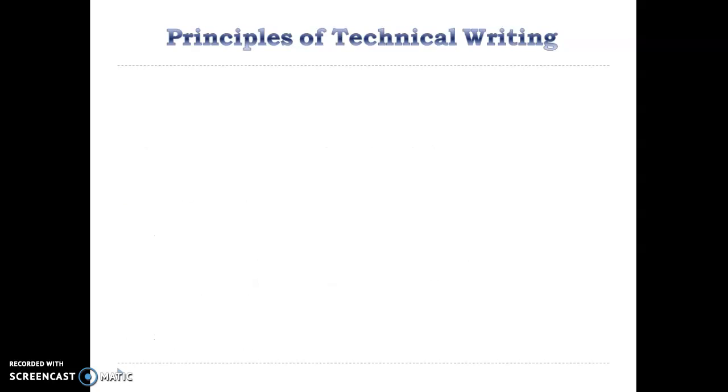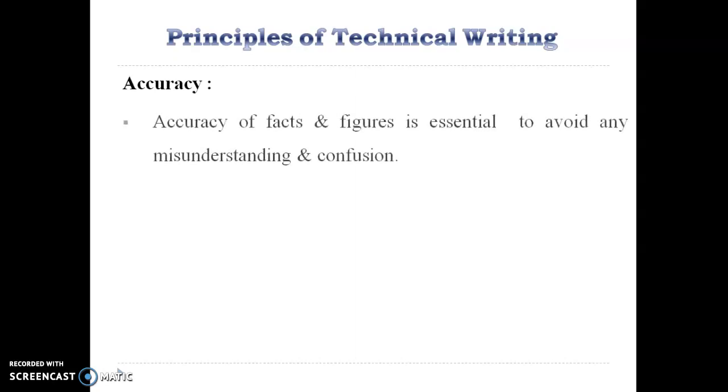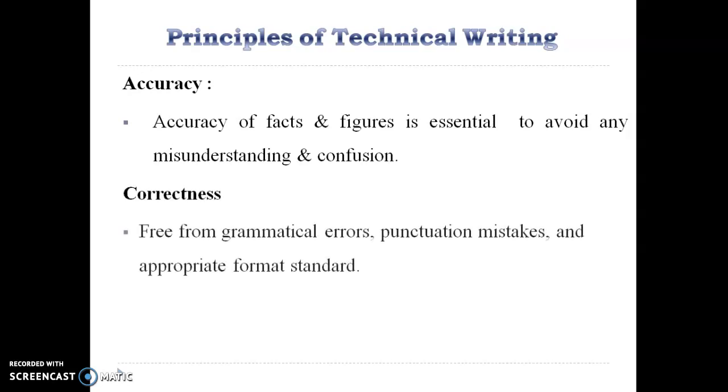All right. Now moving on to the next principle, that is accuracy. Accuracy of facts and figures is essential to avoid any misunderstanding and confusion. So we have to ensure that we provide accurate facts and figures. Next principle is correctness. It means your document should be free from grammatical errors, punctuation mistakes, and should be in appropriate, standard format.